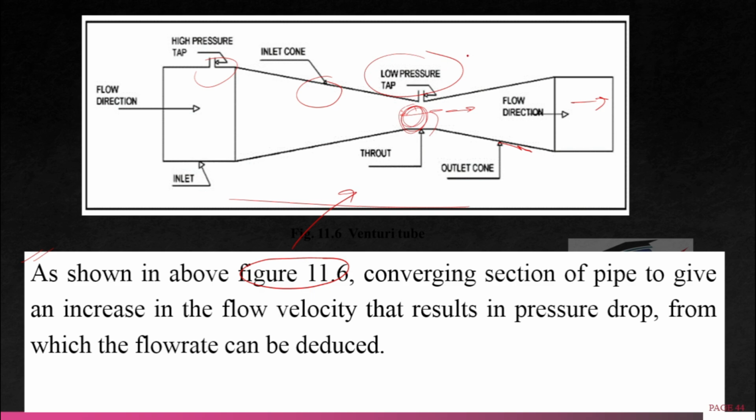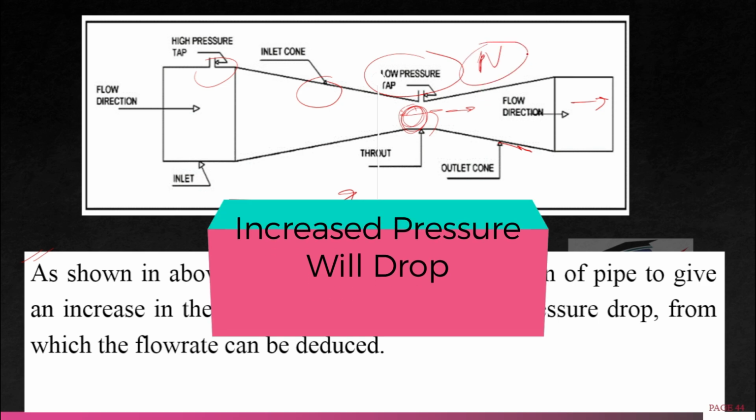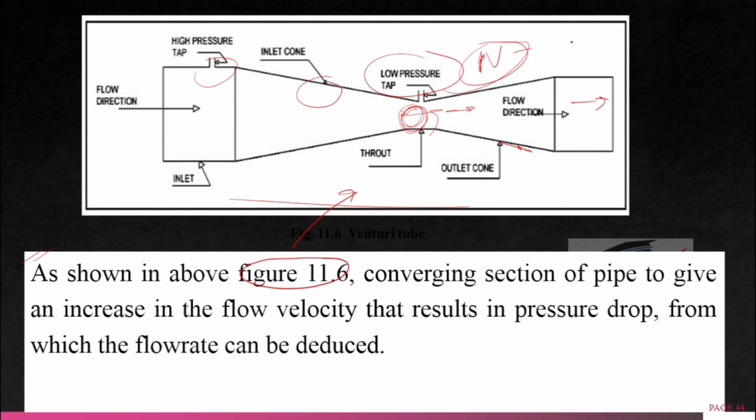When velocity increases, the pressure will drop. You know the pressure-velocity relation: when pressure increases, the velocity will drop. So with this delta P, we are able to measure the flow.